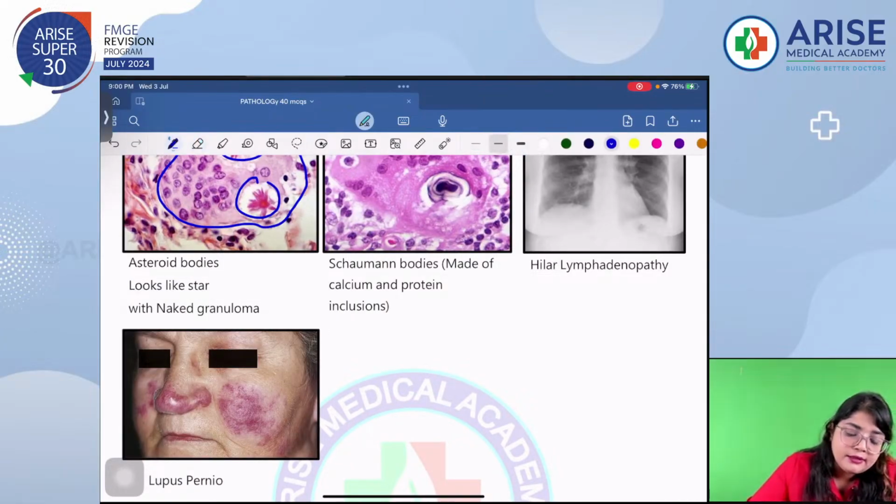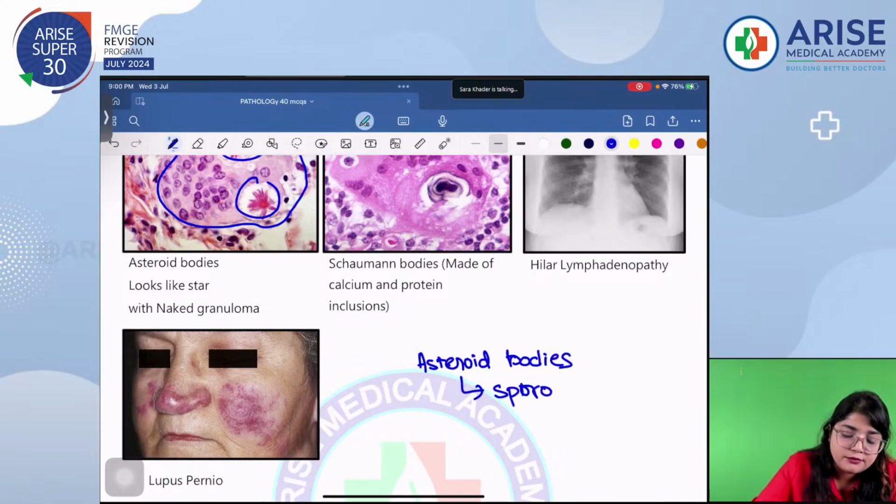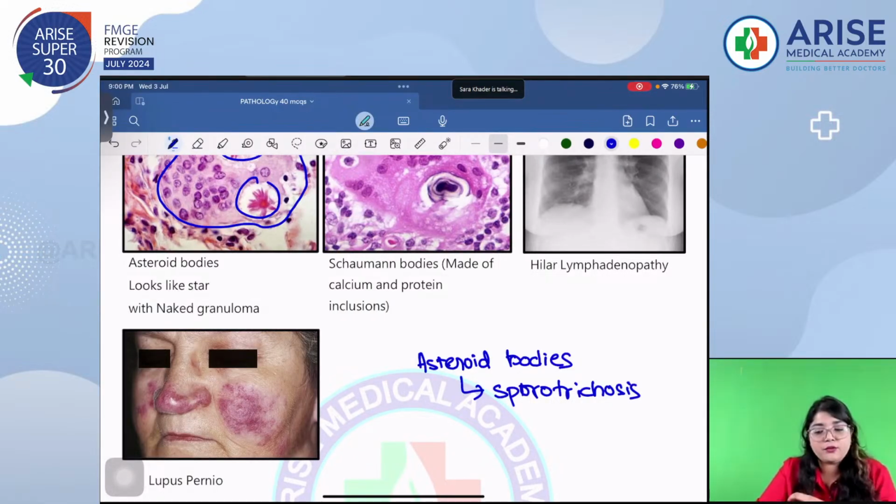Asteroid bodies are also seen extracellularly, right? I'm just going to write here. Asteroid bodies are seen in sporotrichosis. Yes, very good. Sporotrichosis, a dimorphic fungus, right?